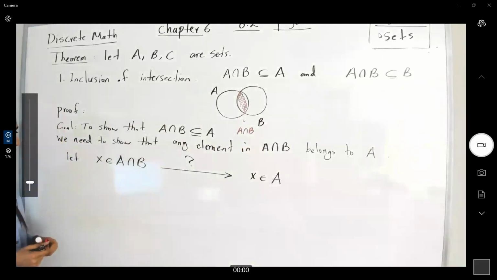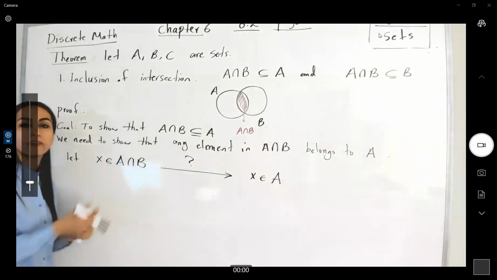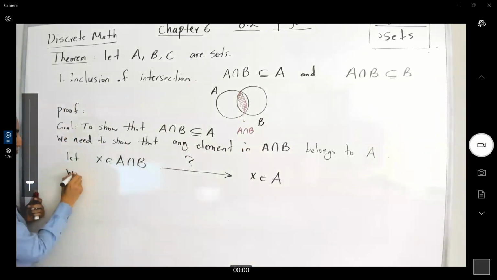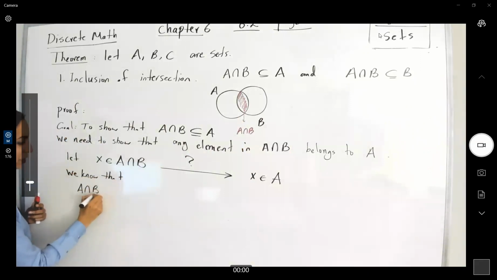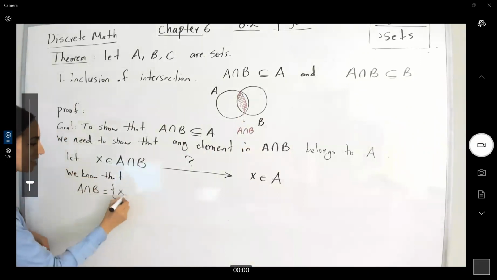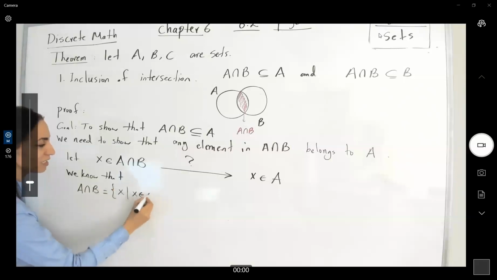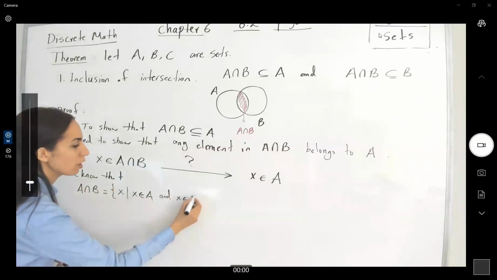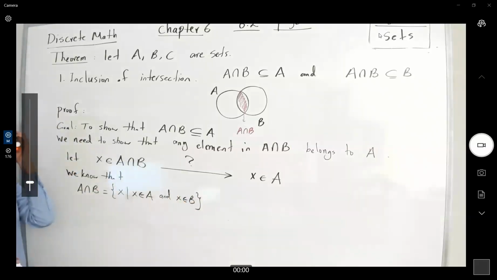Well, what is the definition of the intersection? We know that A intersection B is the collection of all elements like X such that X is in the first set and X belongs to the second set.